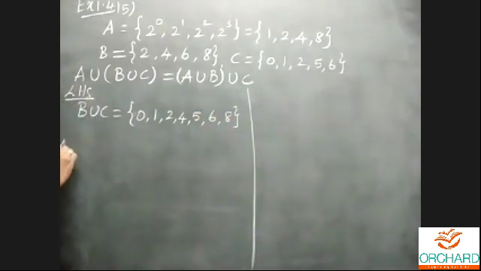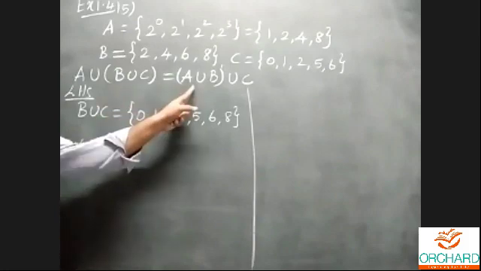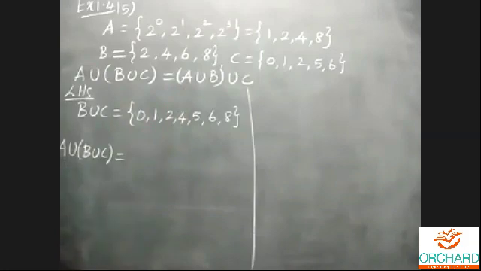Next, A union the bracket. Always bracket first. We'll do the union or intersection inside the bracket first.